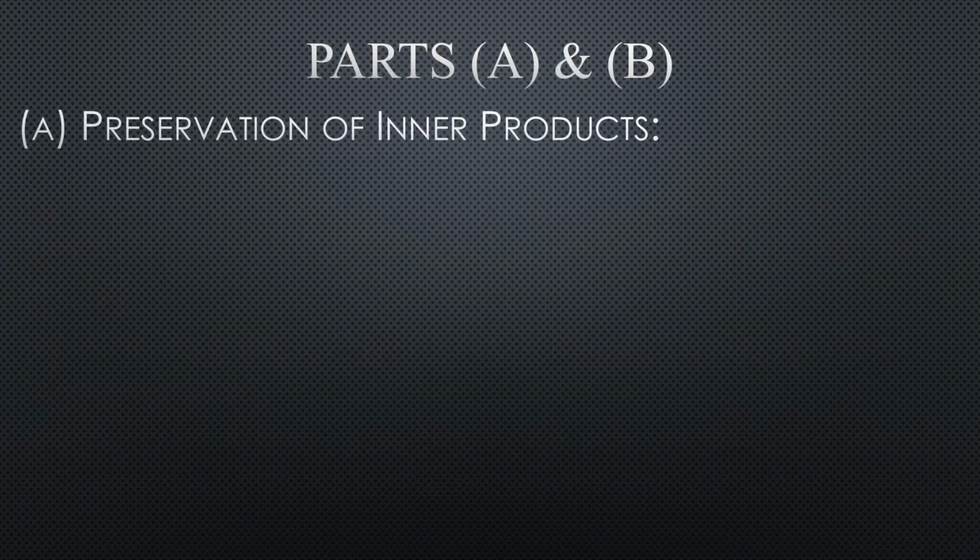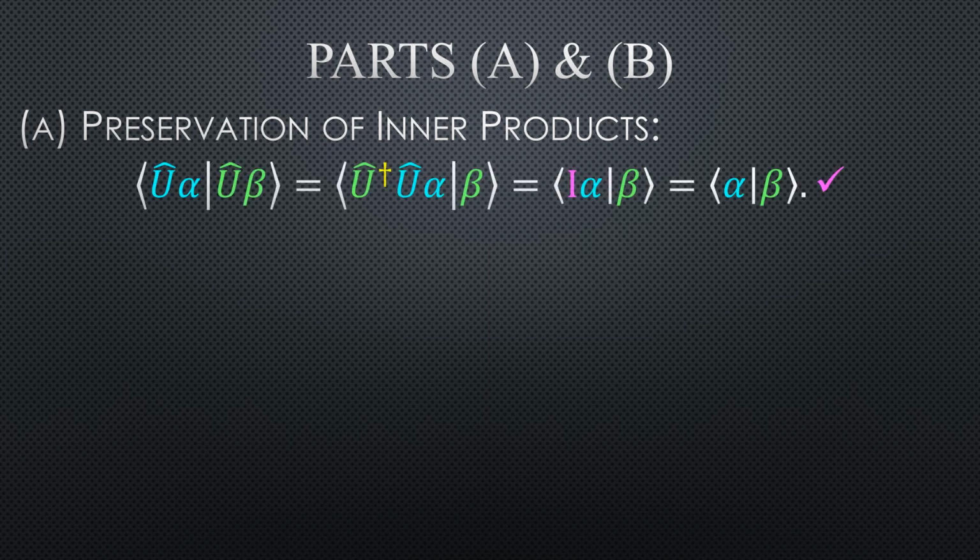So part A and B go by pretty quick. The preservation of inner products is quickly shown by noting here that U† equals the U inverse for unitary matrices, which are represented by unitary operators, or vice versa rather. And so if we start with the concept of U acting on the alpha vector, U acting on the beta vector, color-coded accordingly, we know that we can put this from the ket vector onto the bra side via the dagger.